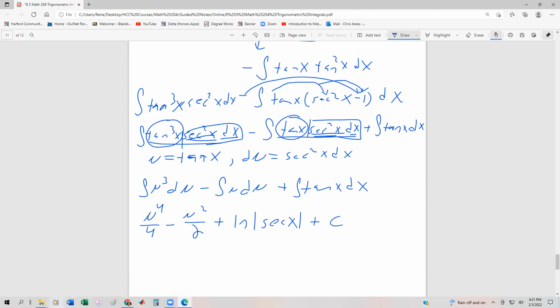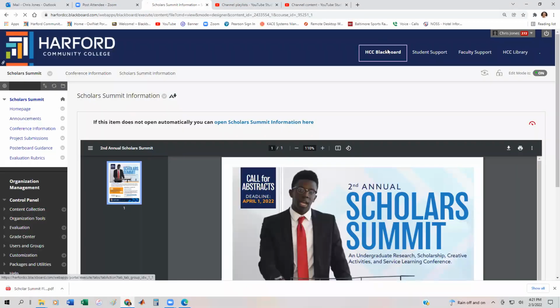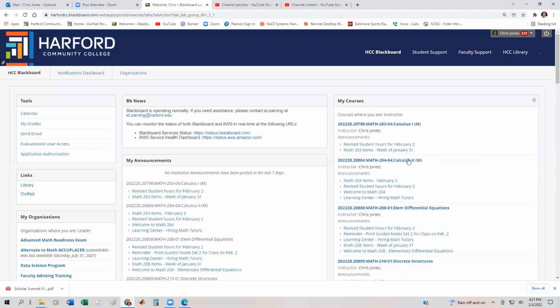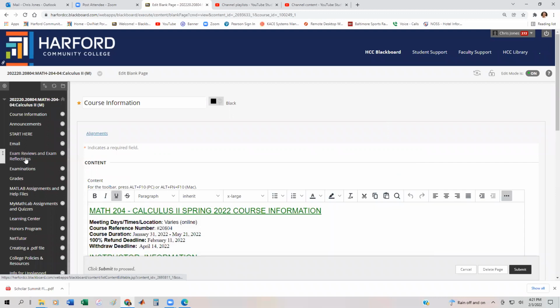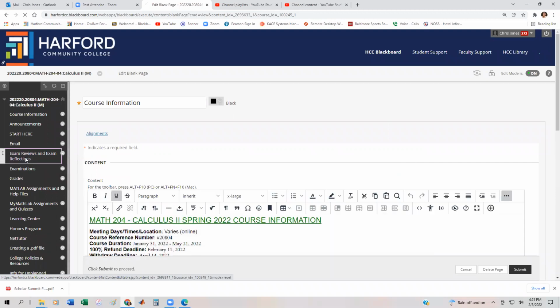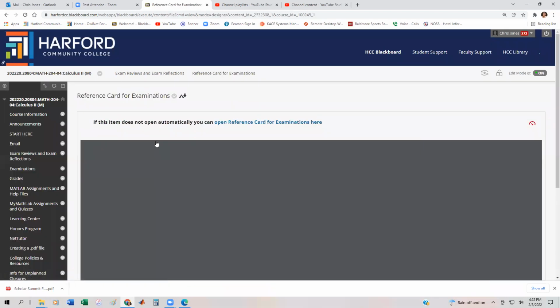Just to show you which formula card I'm referring to, you can go in the Blackboard. Let me show you that really quickly. If you were to go under exam reviews and exam reflections, there's a reference card for the examinations. You can click right here on that.